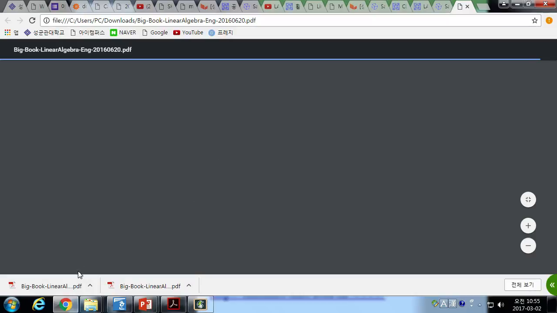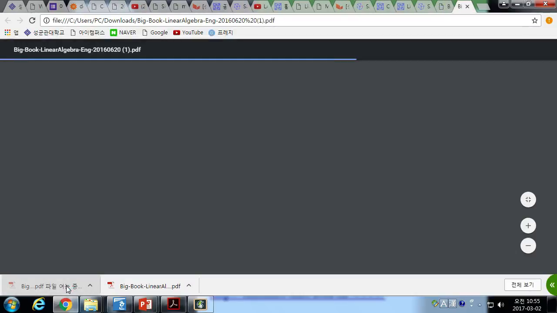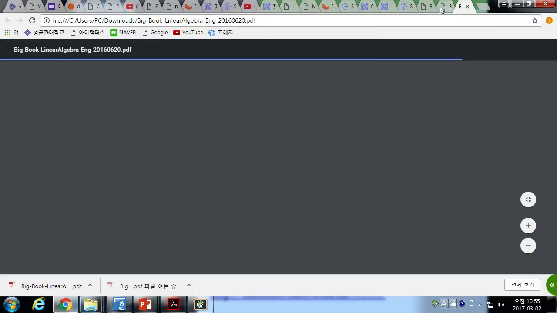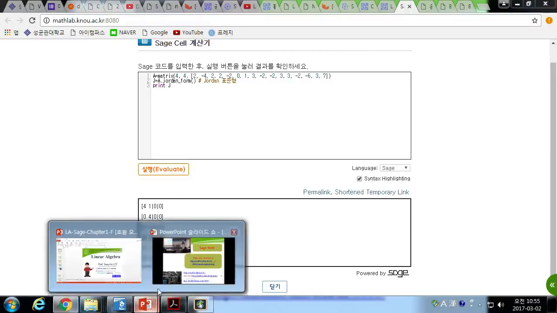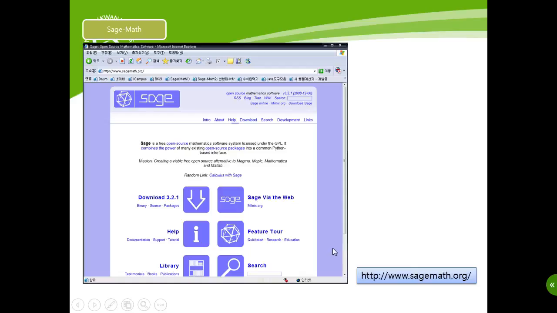You can copy the code, then put it in here to do the computation.